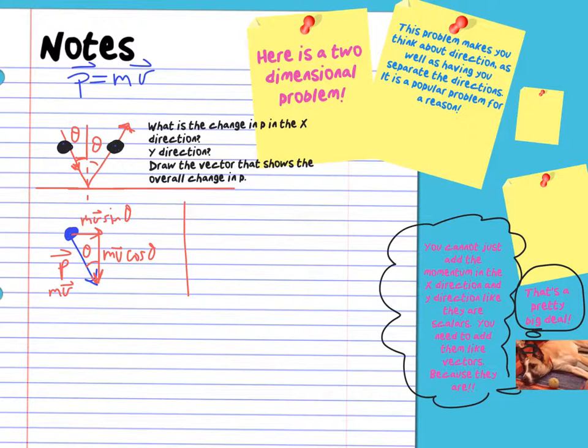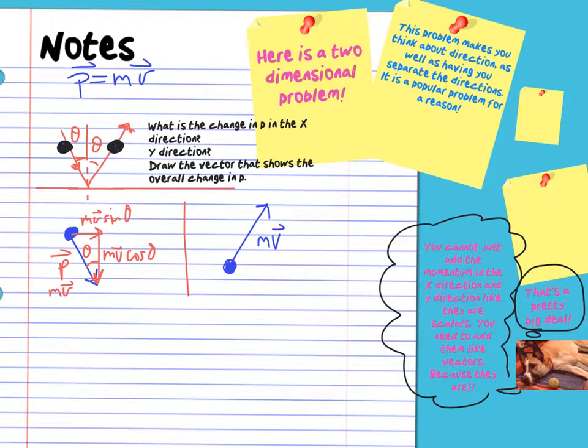Now in the after picture, and let's go back to the blue, if we were to take our ball, the momentum is in the direction of the velocity. All right, so let's go back to our red again.